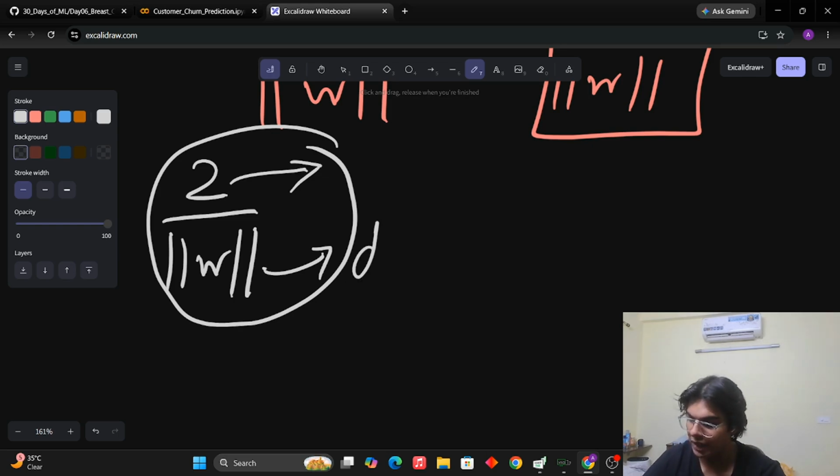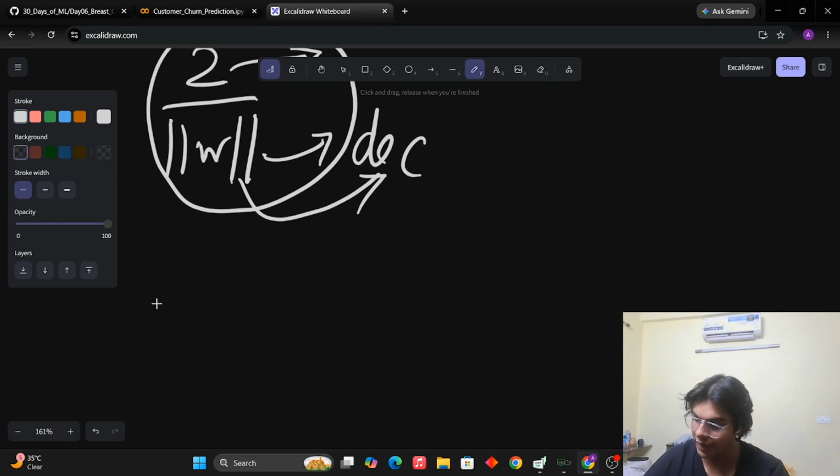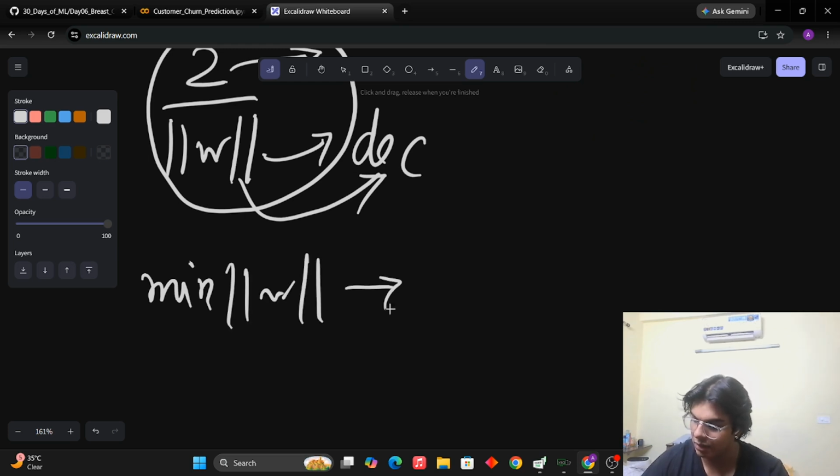So we need to decrease the value of mod W. So we can write it as, we need to minimize mod of W. We can also say that we need to minimize mod of W squared. It means the same thing.